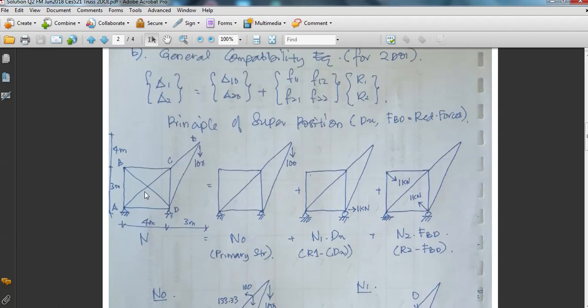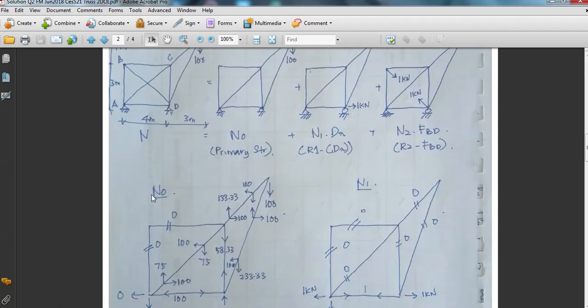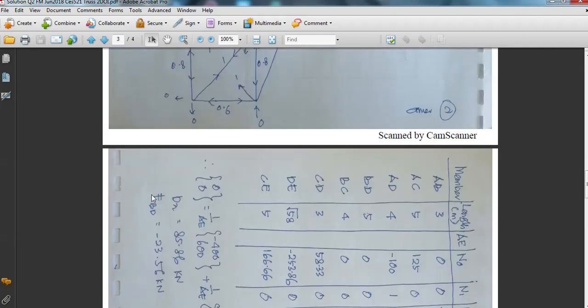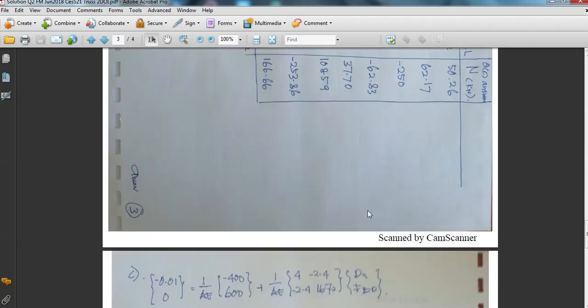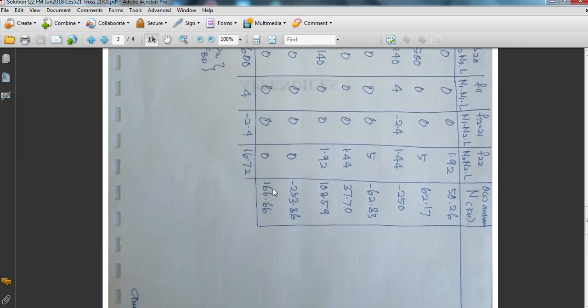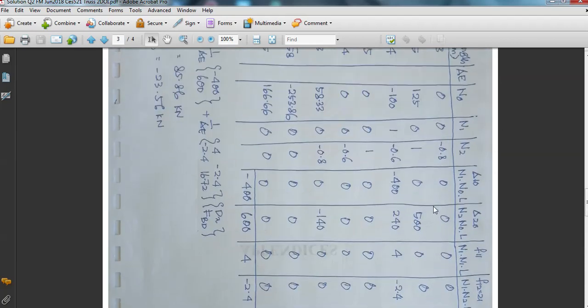So this N for actual structure I already tabulate in our table, in the table form here. This is N for actual structure, because N here for primary, N here for redundant number 1, N here for redundant number 2.